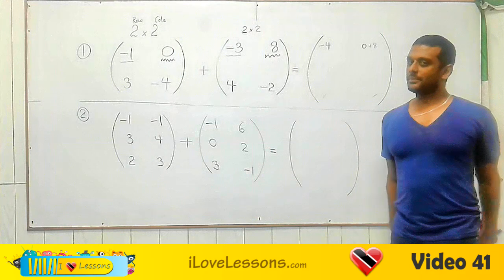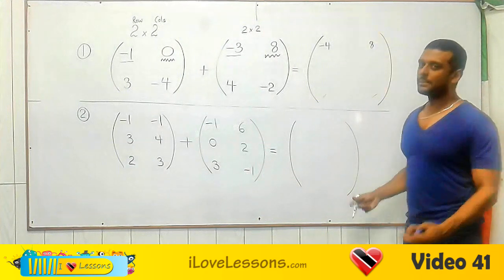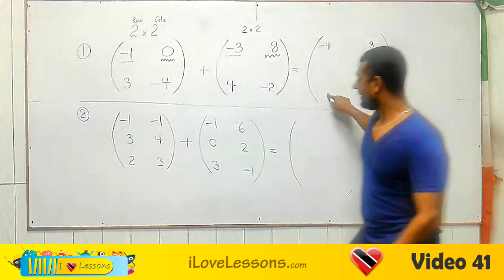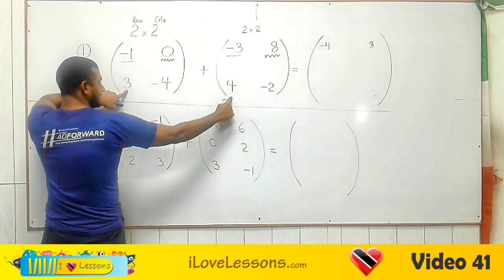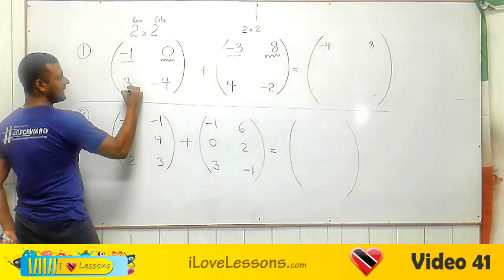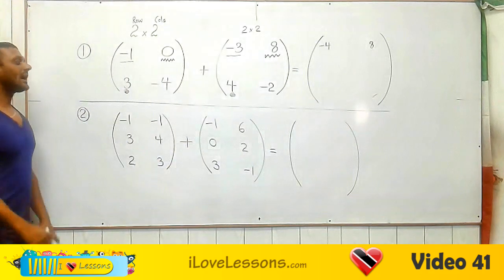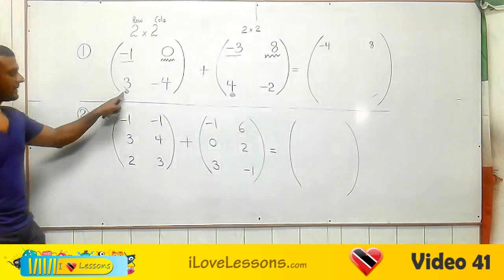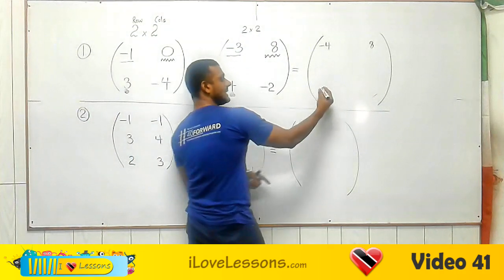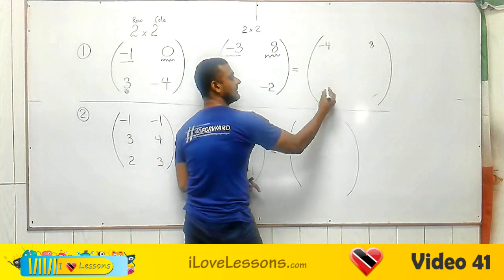Now you all know 0 plus 8 is still 8. I think you're probably getting the hang of this now. To get this answer, we have to add these 2 guys. I'll put a squiggle, kind of circular squiggly thing there. We're going to add 3 plus 4. 3 plus 4 is 7.